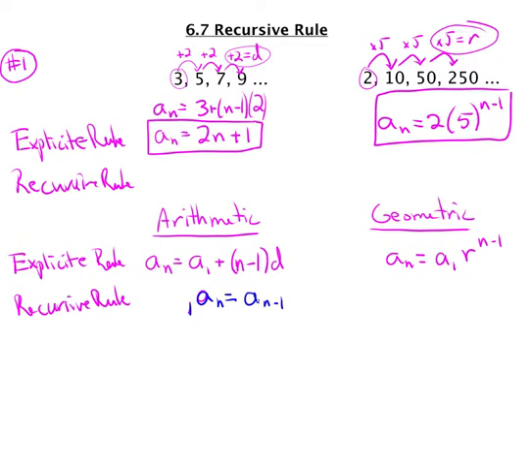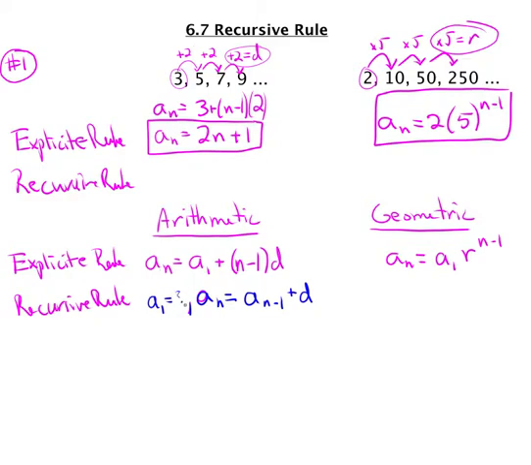We do that by showing it as a sub n minus 1. So it's the number before the number that we want, and then adding our difference to that. So we're still using the difference, and we still need to start with our first number.